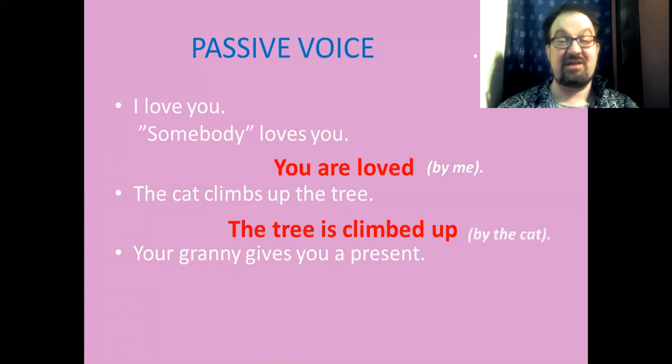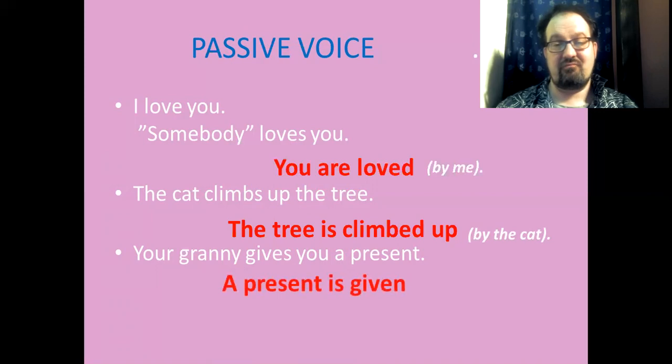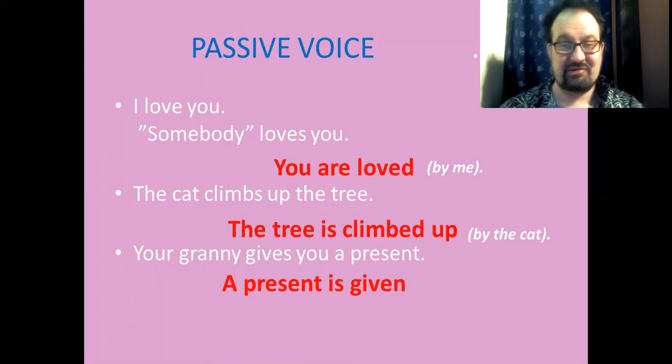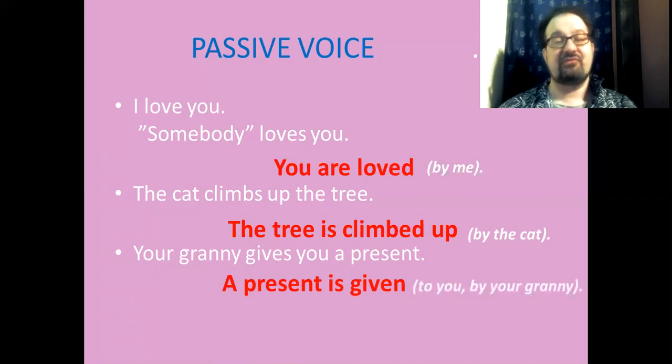Then the tree is climbed up by the cat. If we just leave out the granny from the story, it's not so important. The present is important. Then the present is given. But you can just say the present is given to you by your granny.